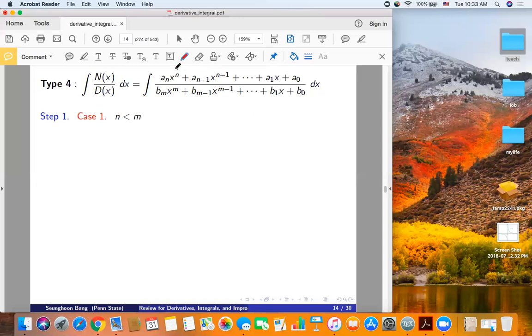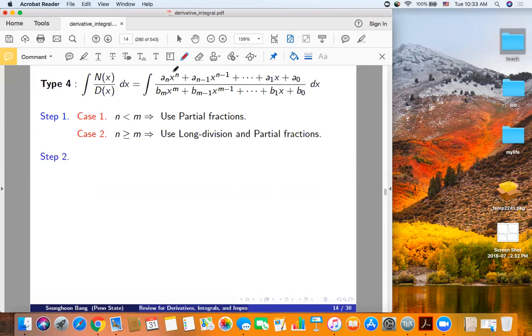The top power is n, the bottom power is m. If the bottom power is greater than the top power, just use partial fractions. Second case, the top power is greater than or equal to the bottom power: we use long division and partial fractions.